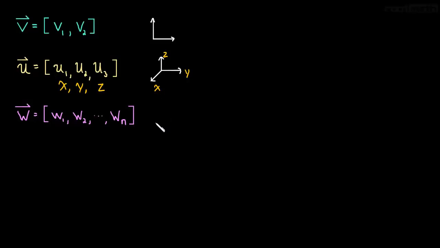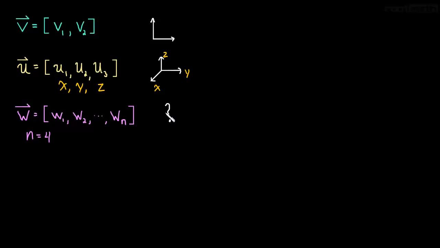When we go to higher dimensions, dimensions greater than 3, here we have a vector w with n dimensions. Let's say, for example, that n is 4. So this vector has 4 components. Now we don't try and graph this anymore. Anytime a vector has more than 3 components, we can't graph it. We can't visualize it.